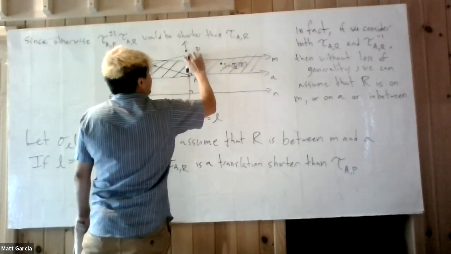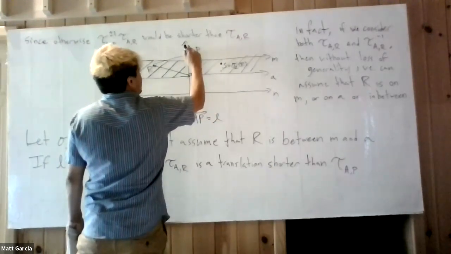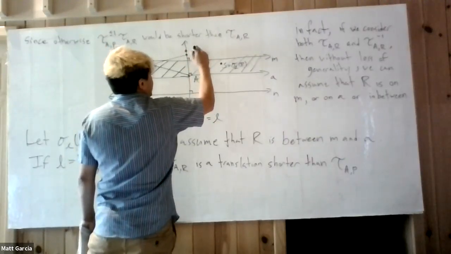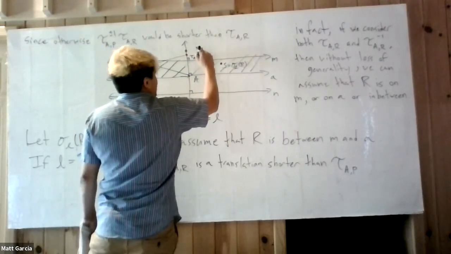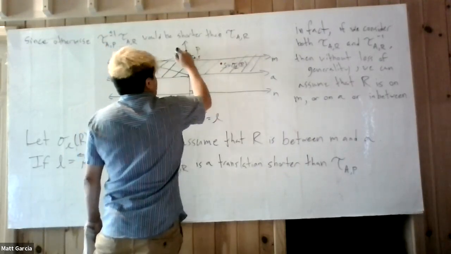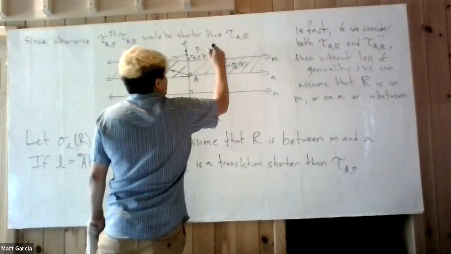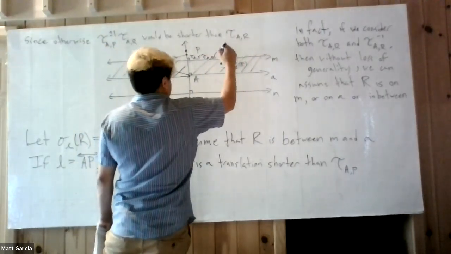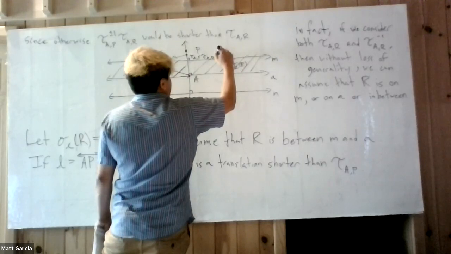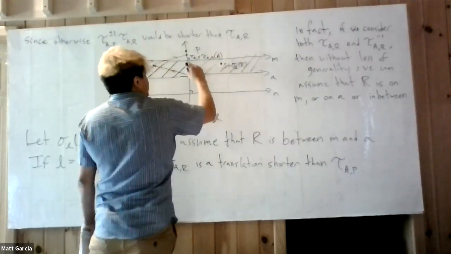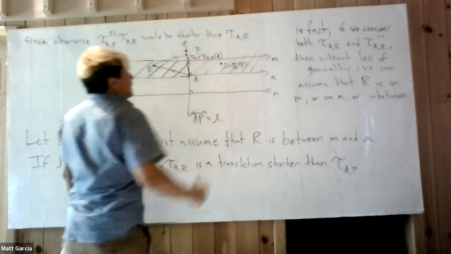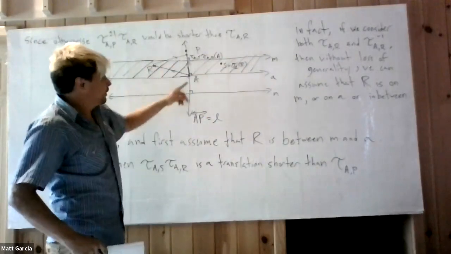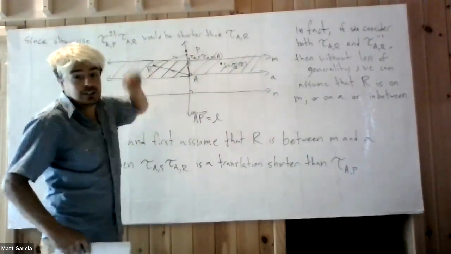Actually, this ends up being on the line L, right? So this is tau of A comma S times tau of A comma R of A, right? Which just gives us this translation in the same direction as the translation from A to P, and necessarily shorter.